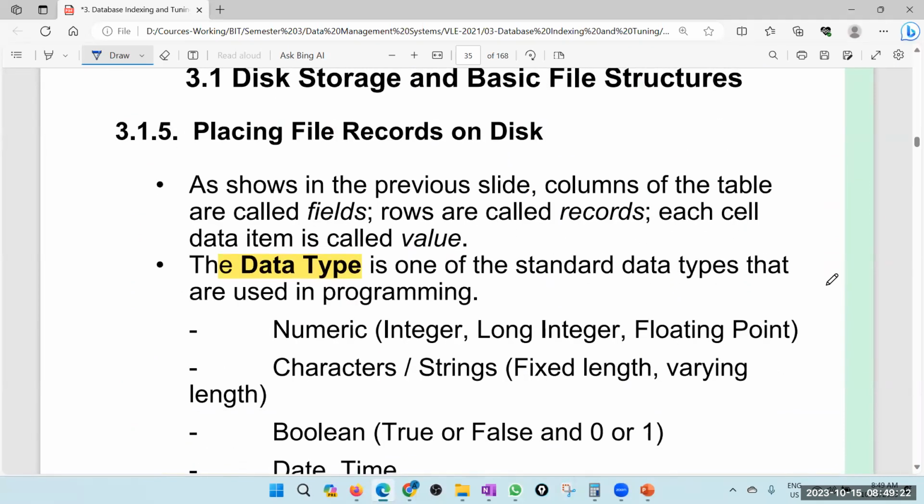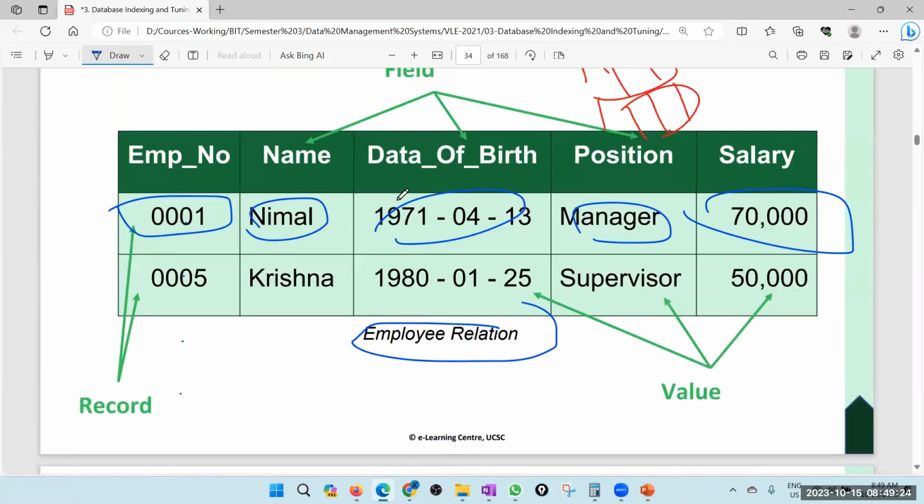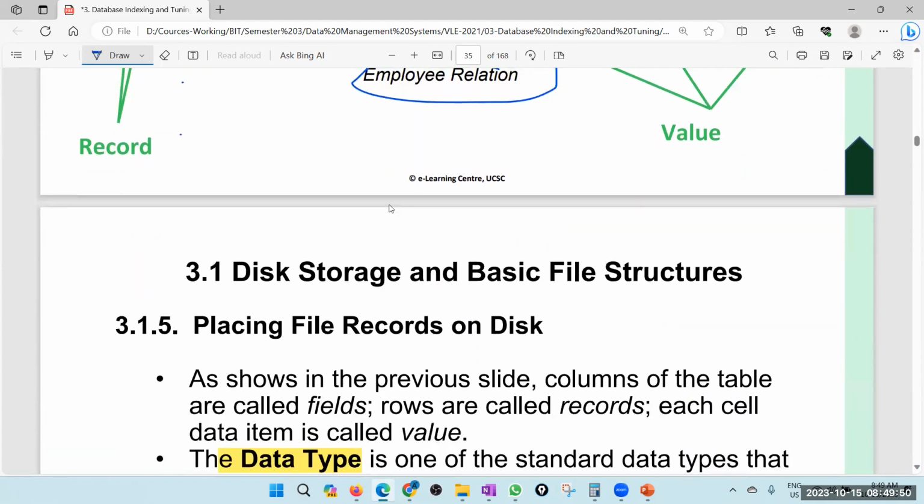When we design our database, usually we decide the data type as well, whether it's integer, varchar, varchar 200, varchar 50, or maybe date, date time or decimal. For decimal we can also decide the width: how many decimal places, and the width of the whole number part.